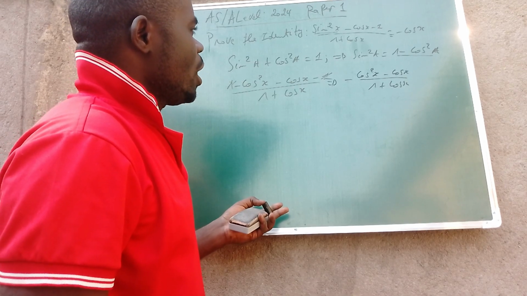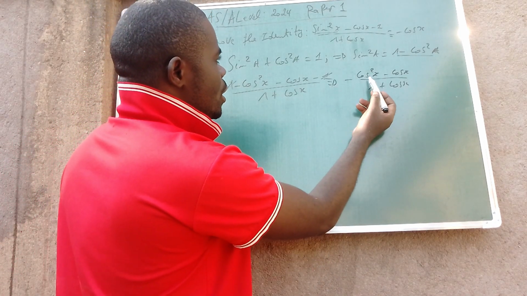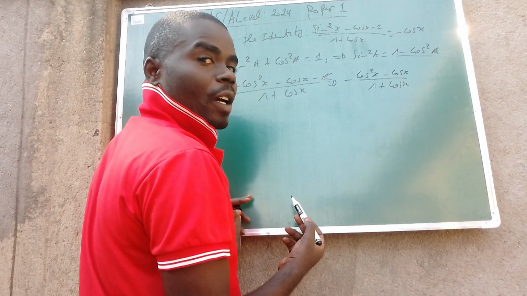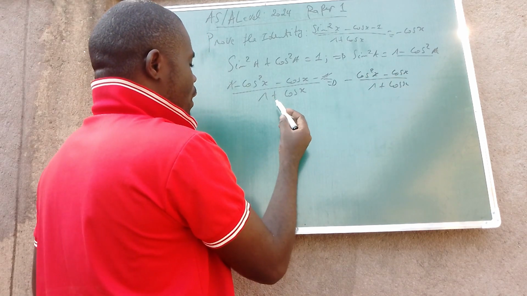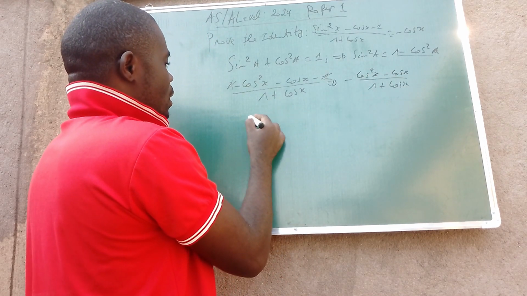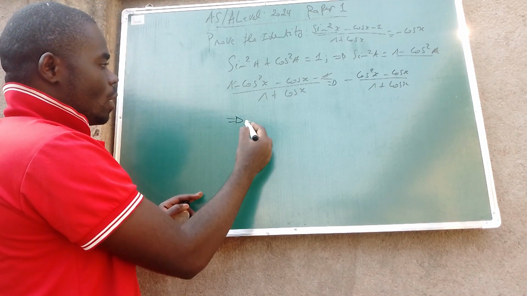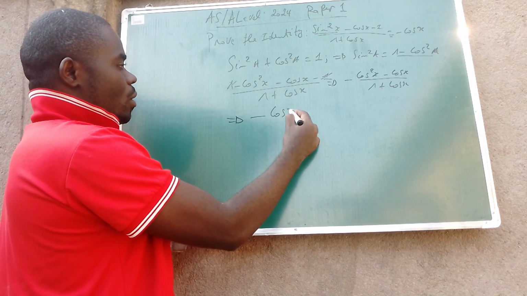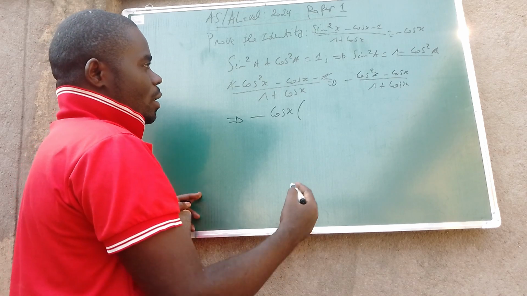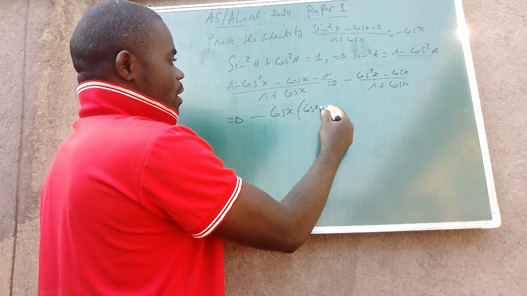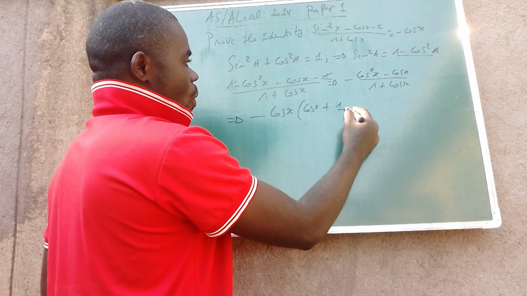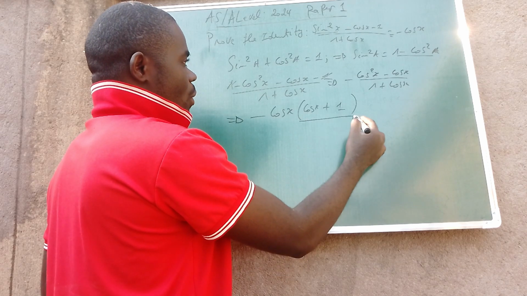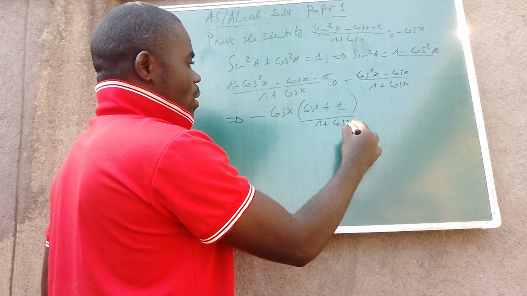So what can we do here? We can put cosine of x as a factor. Negative cosine of x, we will get negative cosine of x as a factor. We remain with the cosine of x here, then plus 1. We divide by 1 plus cosine of x.